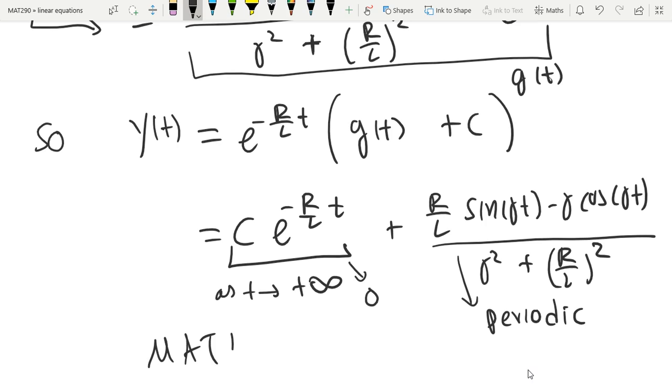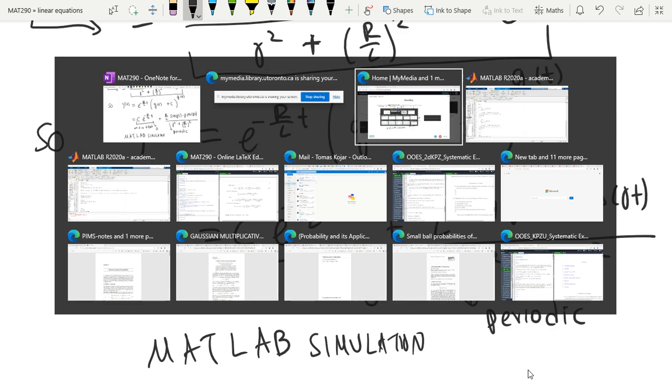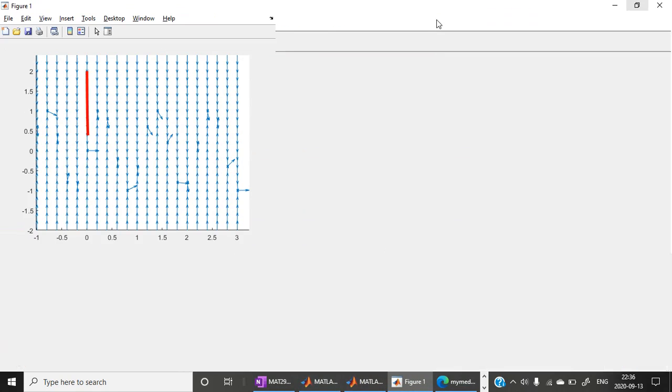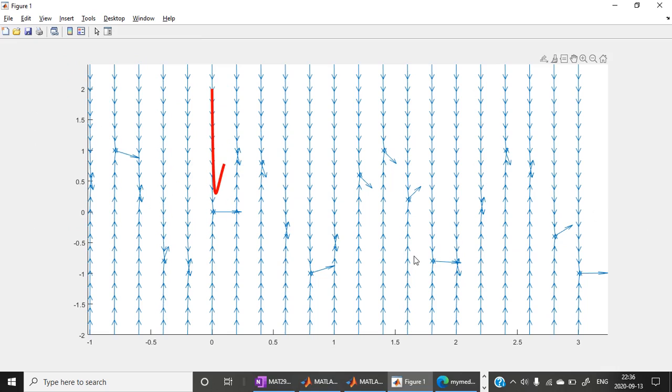Let's go to our MATLAB simulation. So over here, this is our equation. I gave you the code in discussions, so you can run it yourself. So this is the equation here, and let's run it. So we see that first you start from this exponential guy, which quickly decays down.